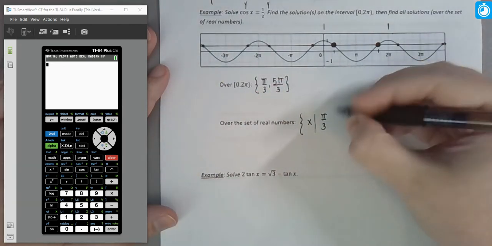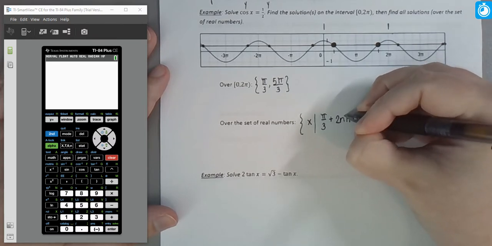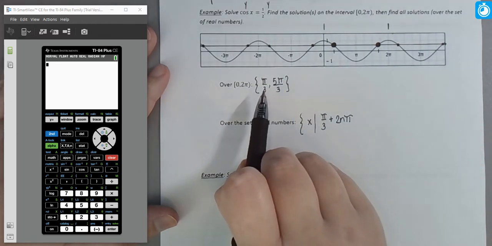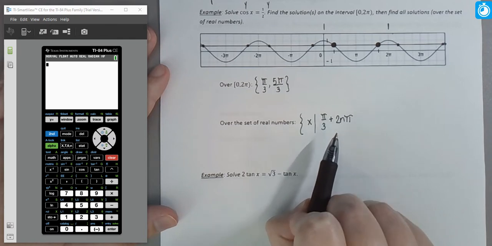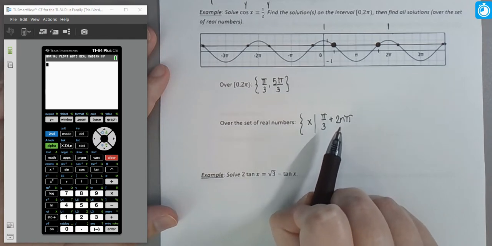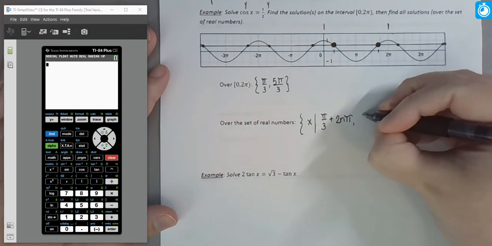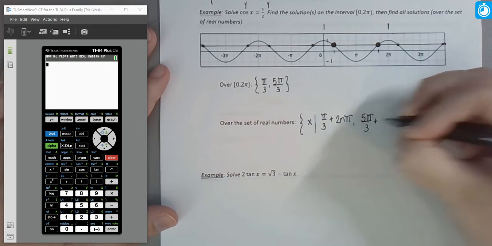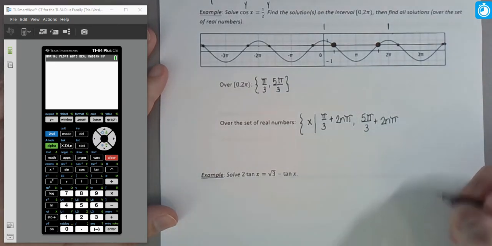So pi over 3 plus 2n pi is the formula that takes this fundamental solution, adds on additional rotations, or if n is negative, that means rotations in the negative direction, and generates all of those other coterminal angles that also solve our equation. The same thing for 5 pi over 3. So starting at that angle and then adding on additional rotations around the unit circle.